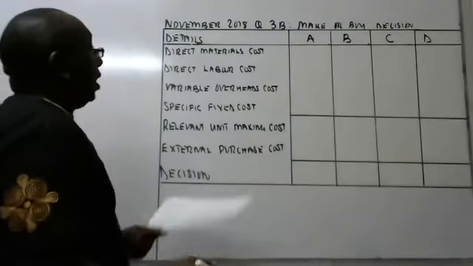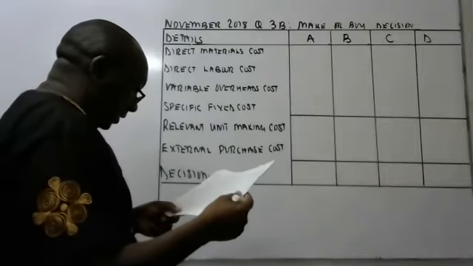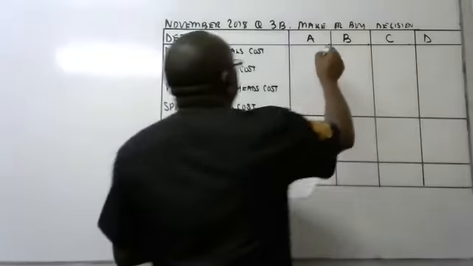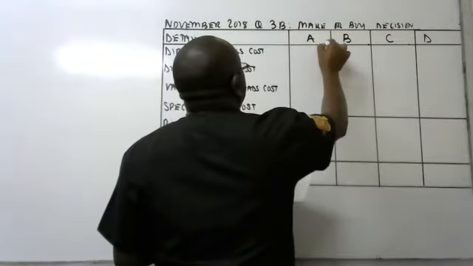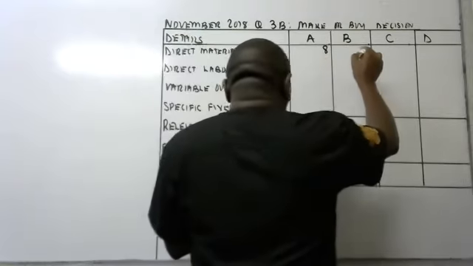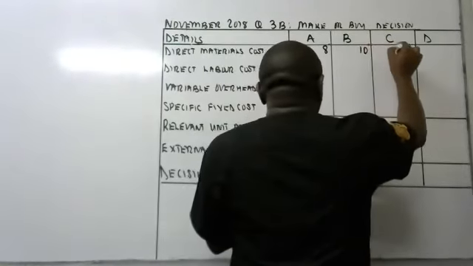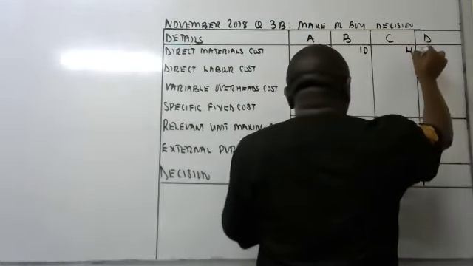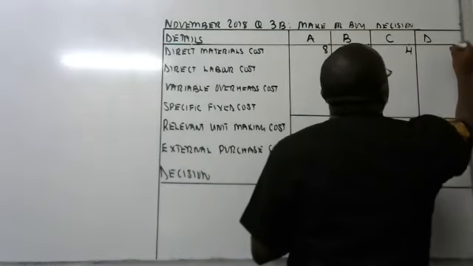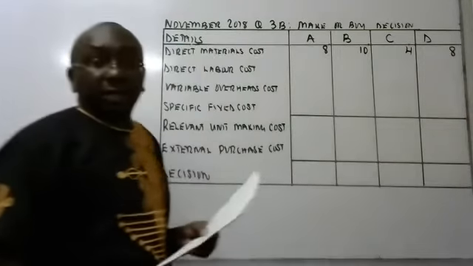So we record the figures as given. Materials for A is 8. For B, it is 10. C, we have 4, and D, we have 8. Those are the materials costs.